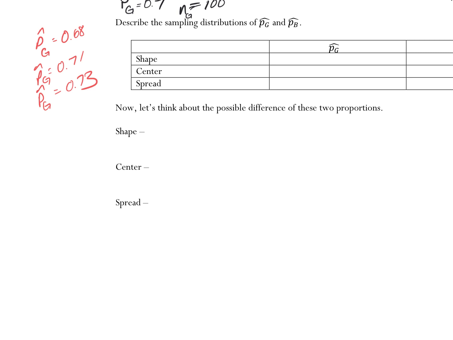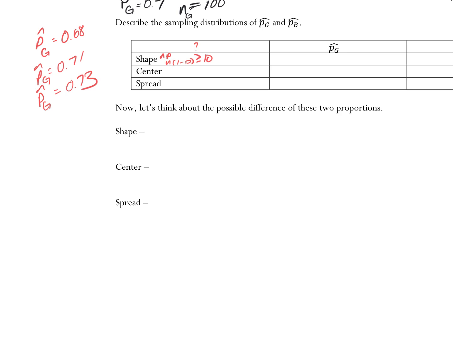How do we check to see if something is normally distributed? For the P hats, what was our rule from yesterday? We would do NP and N times 1 minus P and say, are they greater than or equal to 10?